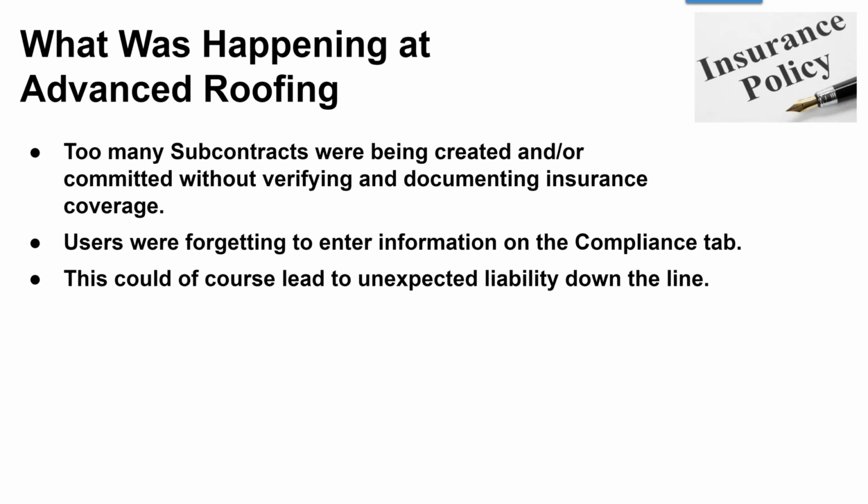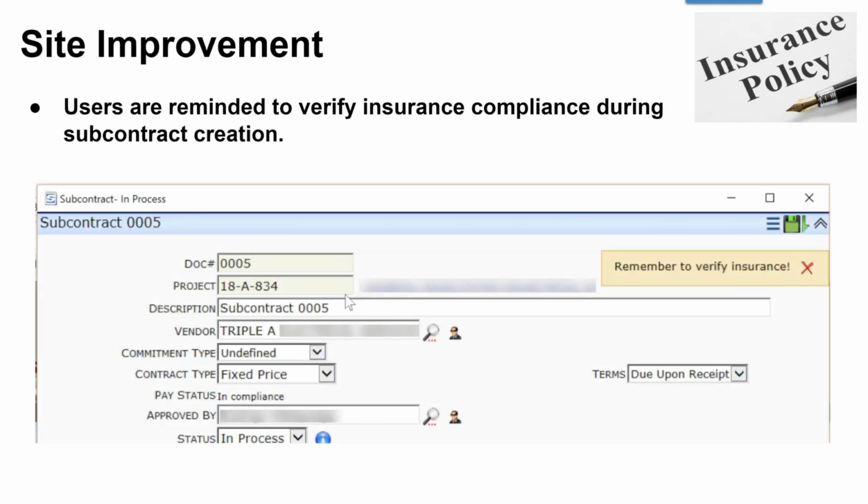So let's see what we did to help them out at Advanced Roofing. This is a great example to get our toes wet here, because it's one of the simplest possible things. Advanced Roofing was satisfied with just adding a reminder to the screen on the new subcontract. You can notice that we've got a picture of a subcontract here. At the very bottom, the status is in process.